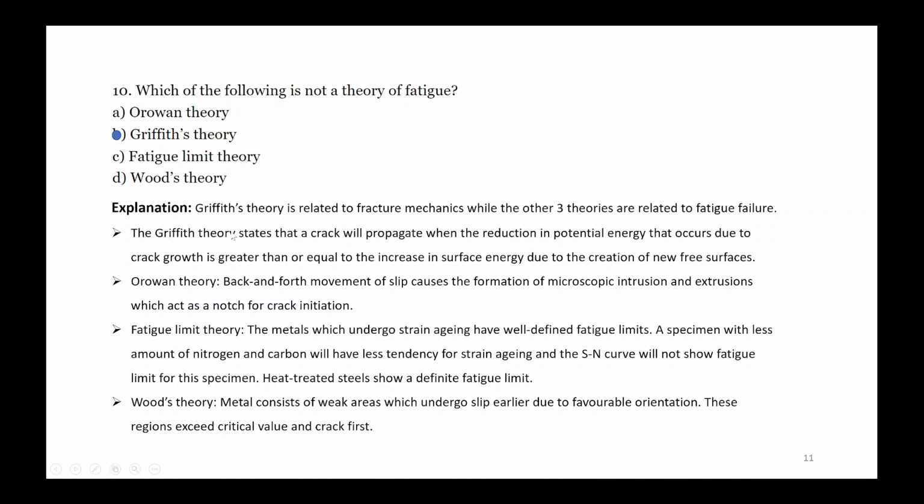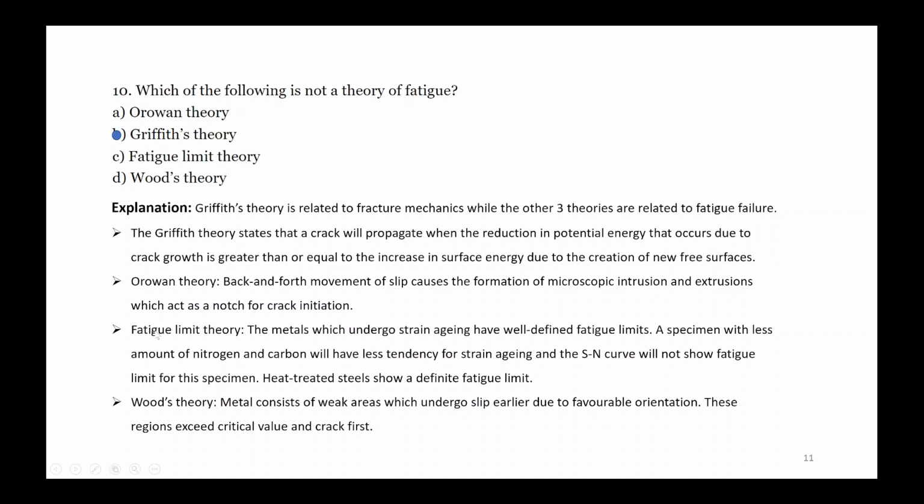Griffith's theory states that a crack will propagate when the reduction in potential energy due to crack growth is greater than or equal to the increase in surface energy due to the creation of new free surfaces. In Orowan theory, back and forth movement of slip causes the formation of microscopic intrusions and extrusions which act as notches for crack initiation.